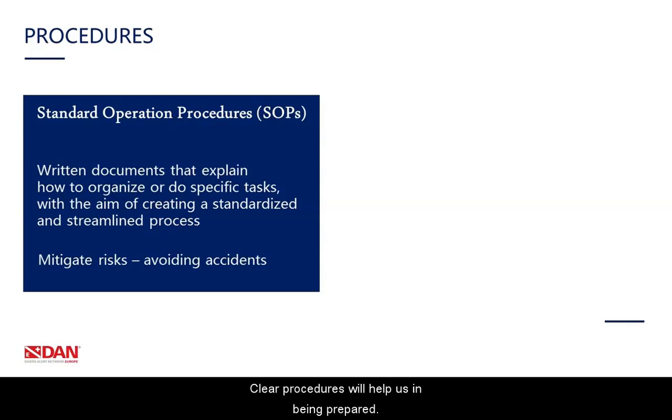Clear procedures will help us in being prepared, and we can differentiate between two kinds of procedures. The first one, the real standard operation procedures, are written documents which explain how to organize or do specific tasks with the aim of creating a standardized and streamlined process. Here we mitigate the risk and try to avoid an accident from happening.